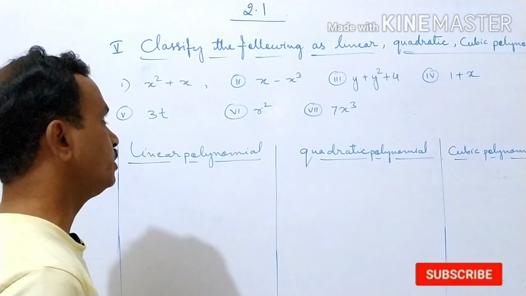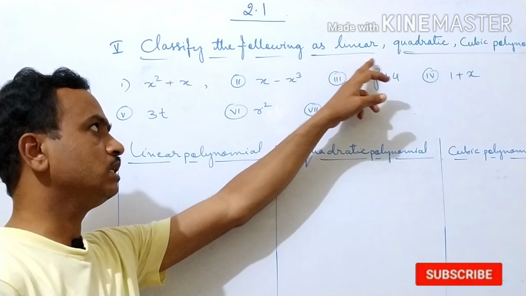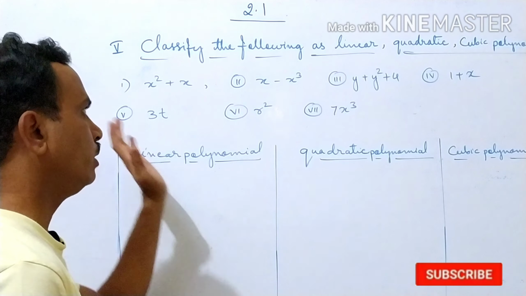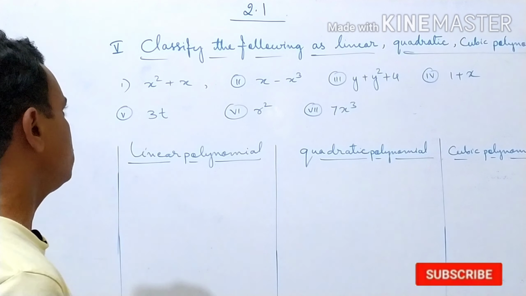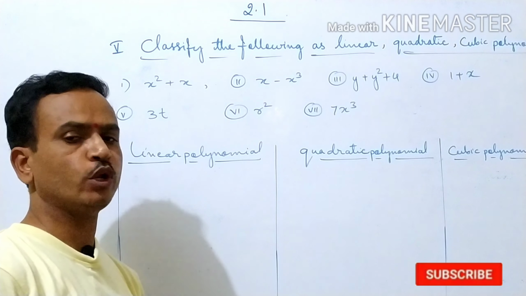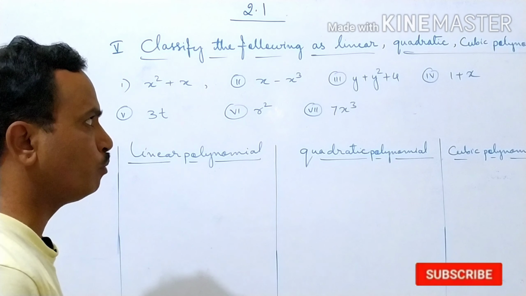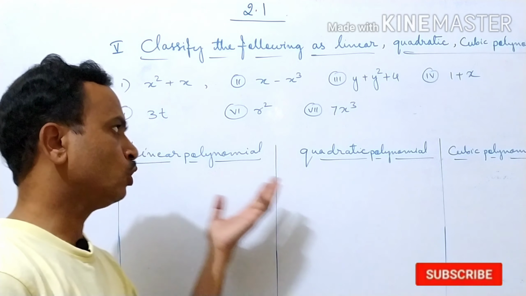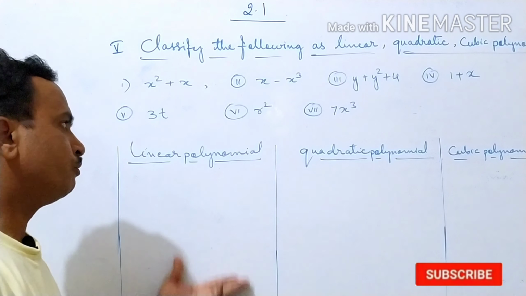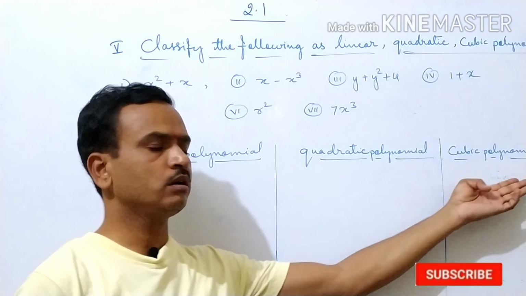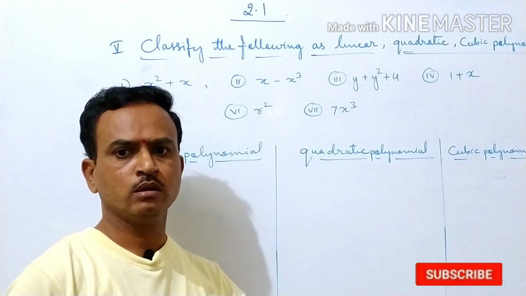Fifth one, classify the following as linear, quadratic, cubic polynomial. So here 7 questions are given. We have to identify which one is the linear polynomial, which one is the quadratic polynomial, which one is the cubic polynomial. So you have to make 3 columns. In the first column you write linear, second column quadratic, third column cubic.